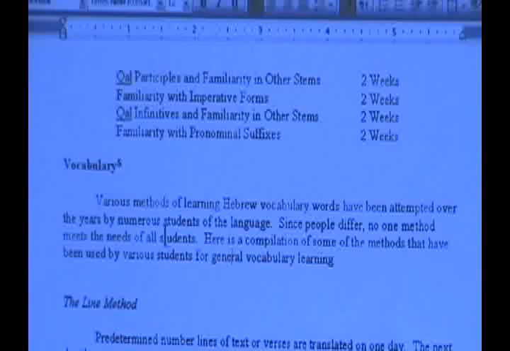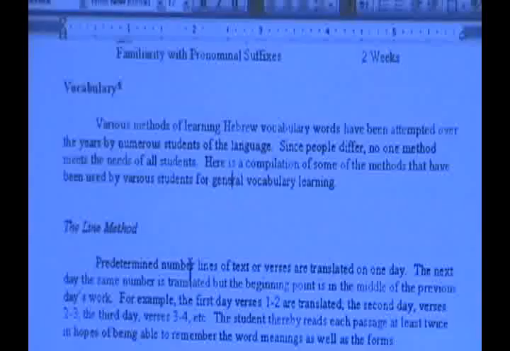So there's various ways in which people have tried to learn these things, and I just listed some here. I got one extra from what you said. The line method, that was very similar. One person found that helpful, so I wrote it down. Read 5 lines today, and read 5 lines tomorrow, but I'm going to back up and repeat.